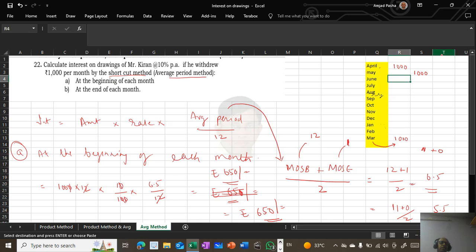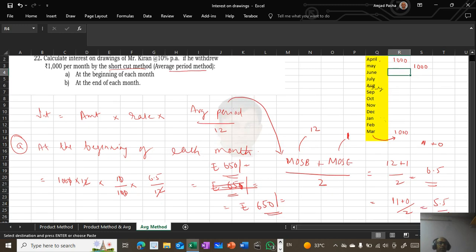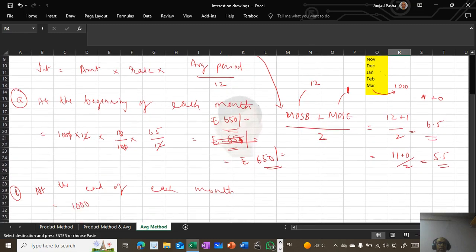Plus last month, because he is withdrawing on 31st March, you will not pay interest for March. So last month outstanding is 0. There is no month outstanding at the end. So 11 plus 0 by 2 is 5.5. So the average period is 5.5 here.